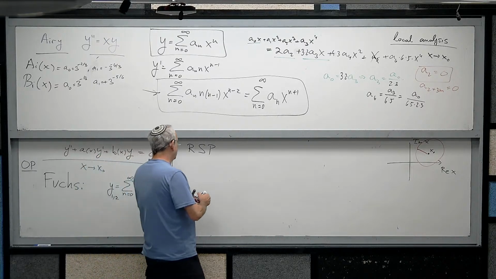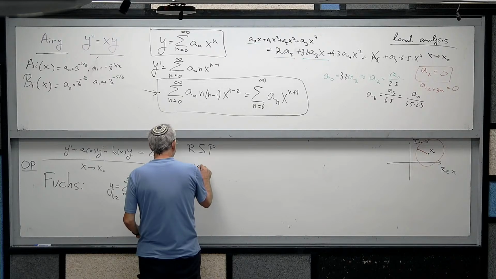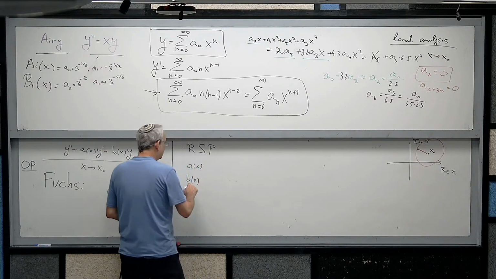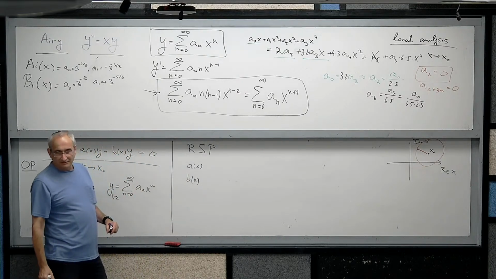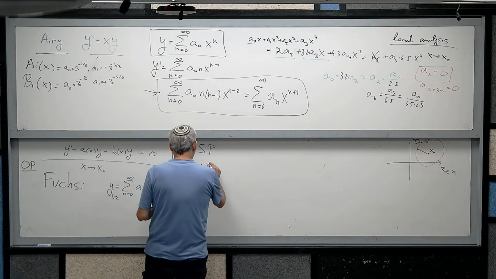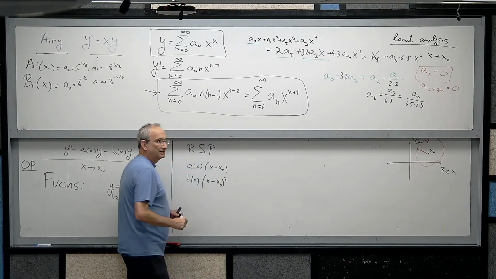A regular singular point means that either a of x or b of x is not analytic at x naught, but a of x times x minus x naught, and b of x times x minus x naught squared, are analytic.